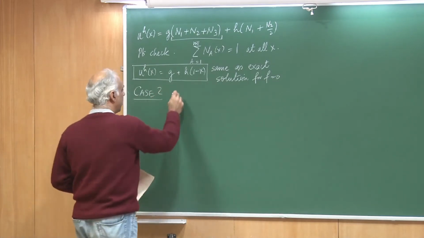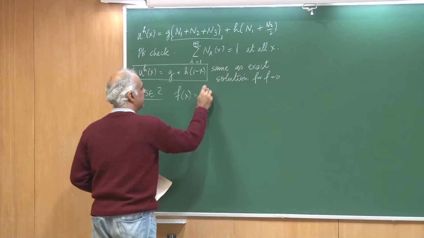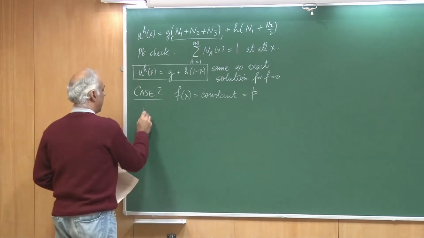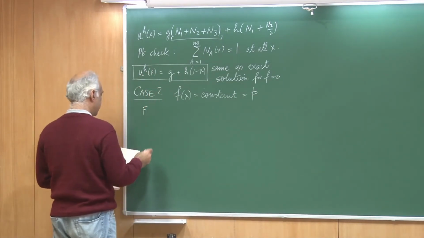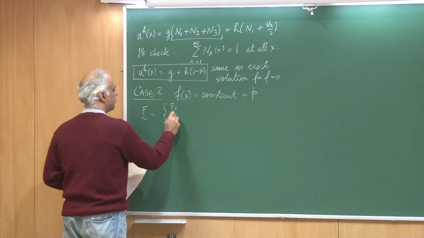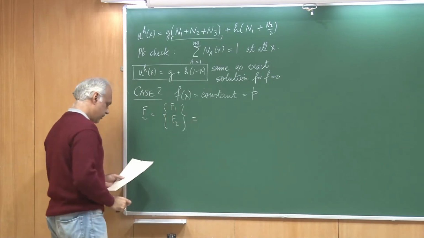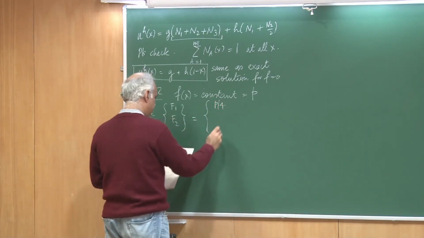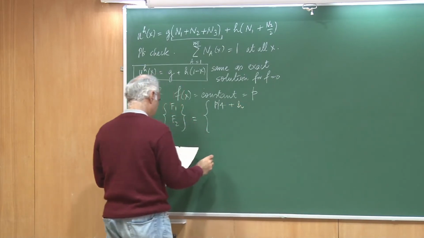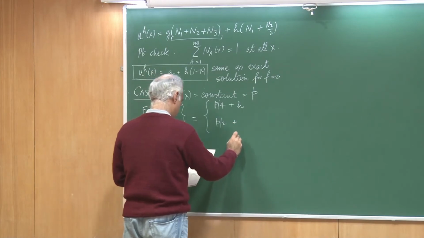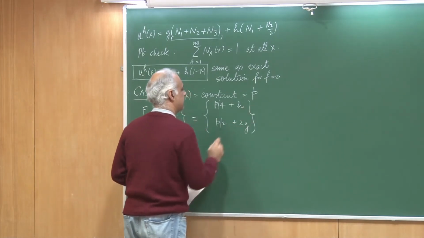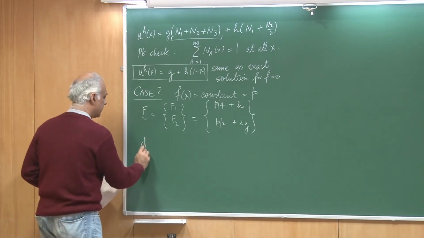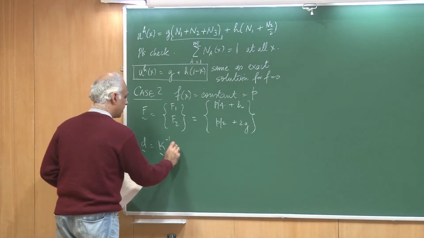where we will now say f(x) is a constant p. I will just give the values to you, that in this case f vector, which is f1 and f2, you can check it, work it out yourself. This should turn out to be p by 4 plus h, and this is p by 2 plus 2g. We already know what is k, so we can calculate d as k inverse f.